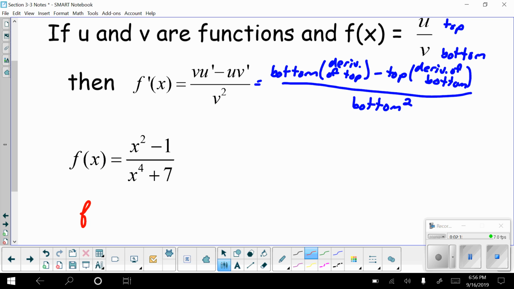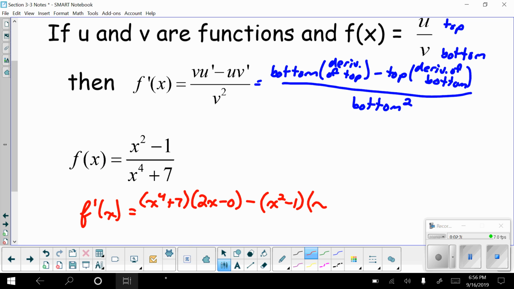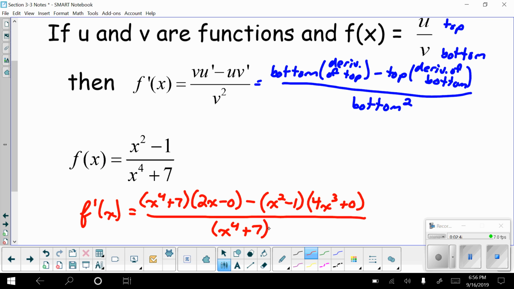So when I find f prime of x, I would start by taking the bottom, x to the fourth plus 7, times the derivative of the top, which would be 2x minus 0, minus the top, x squared minus 1, times the derivative of the bottom, which would be 4x to the third plus 0, all over the bottom squared. And that is our derivative.